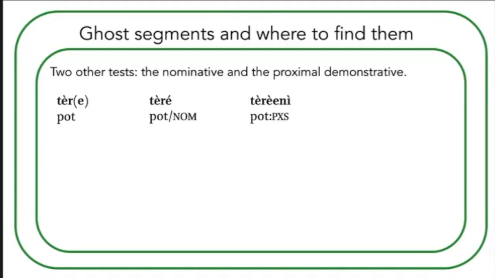In this case, I'm using the proximal demonstrative, which simply lengthens the word final vowel, but doesn't change its quality normally. The same works for some consonants. So in some cases, we get the final S in the nominative of que, which becomes ques.